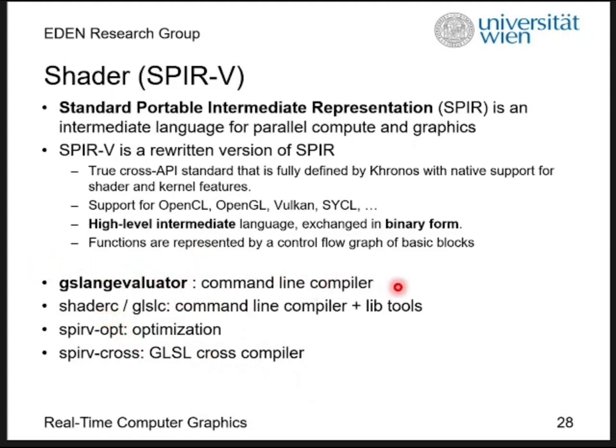You can use these tools to turn a GLSL text file into a vertex shader in SPIR-V. So just call this, give it a text file, and it'll give you a SPIR-V file, and that's it. It's as easy as that. And the output, the SPIR-V, for the programmer, is just a blob of binary data.